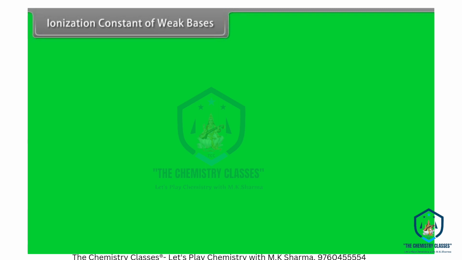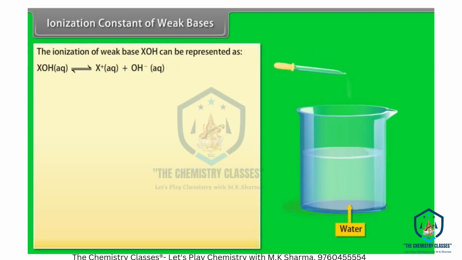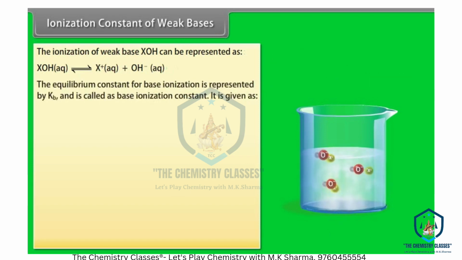Ionization constants of weak bases. The ionization of weak base XOH can be represented as follows. The equilibrium constant for base ionization is represented by Kb and is called the base ionization constant.